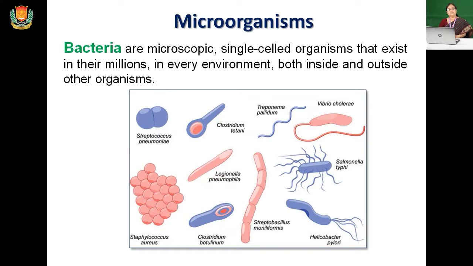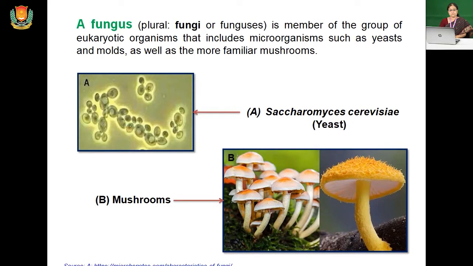Because the basic nature of bacteria is that they first establish themselves as a single cell, which is not observed by the naked eye. For that, we have to grow it in our labs and then analyze it to see whether it is beneficial or pathogenic. These are the microbes you are seeing on the screen. These are single-celled organisms which are present in millions, as I have already told you.